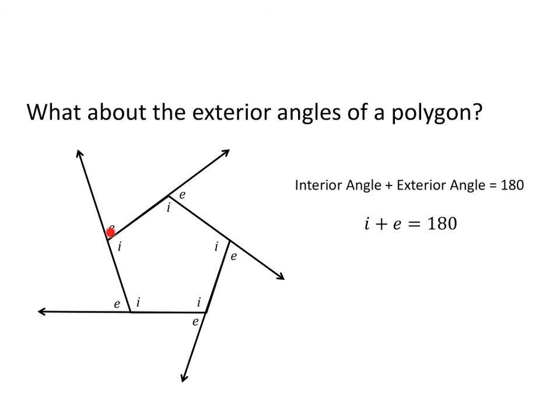So each linear pair is 180 degrees. 180 degrees, 180 degrees, 180 degrees, 180 degrees. So if I've got 5 of these 180-degree linear pairs, 5 times 180 is 900 degrees.